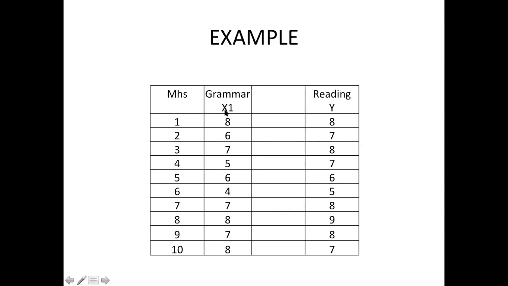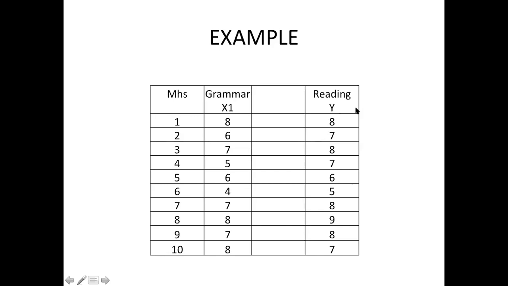So what you have to do first is make a worksheet. We have to find the square of x and square of y, and then the multiplication of x and y, x times y. So there are 3 columns that you have to fill out: x squared, y squared and x times y.